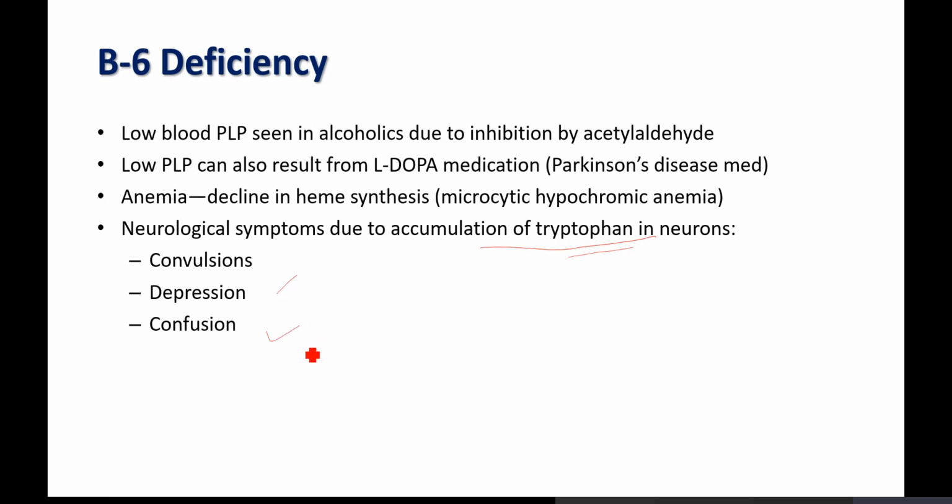Convulsions and peripheral neuropathy are observed in severe deficiency. In the previous vitamin also, peripheral neuropathy was observed, but this is observed in a severe deficiency of this vitamin, and these symptoms are related to decreased synthesis of serotonin. Serotonin is a biogenic amine.